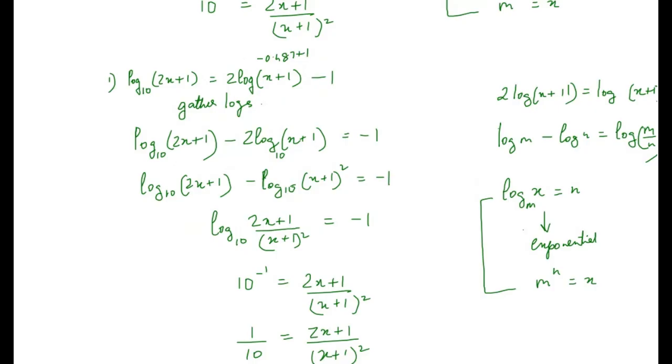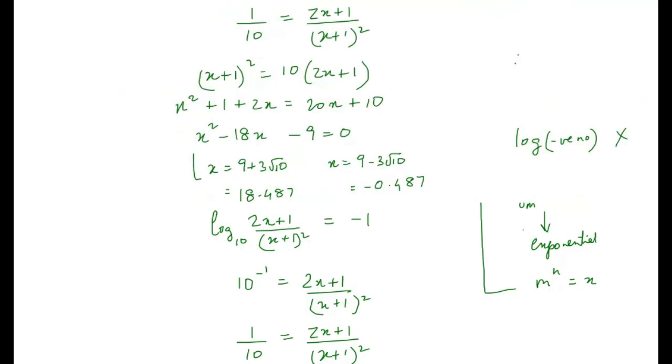And here it would be 2 into negative 0.487 plus 1. I'm just going to tell you the value of that. That is positive. So both are positive values. We can keep both of these. Both of these are the solution to that equation.